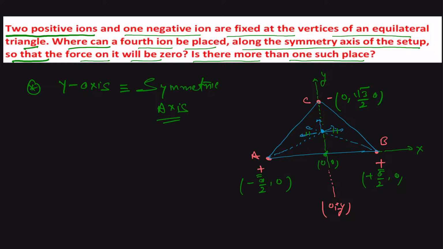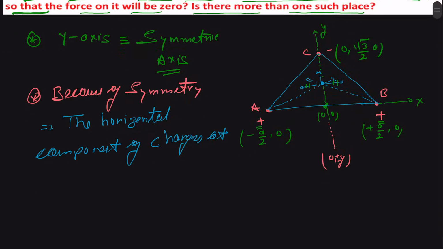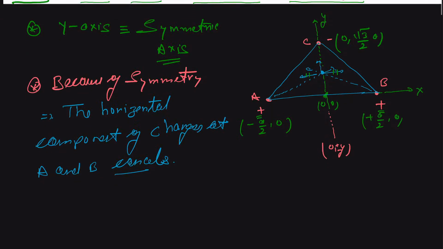Therefore, we can say that because of the symmetry, the horizontal component of charges at A and B cancels, and this will be true for every situation whenever the charge will be on this symmetric axis.